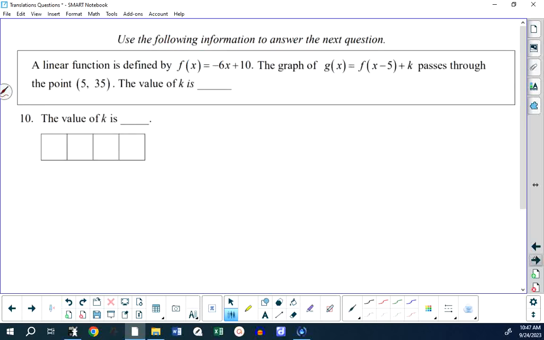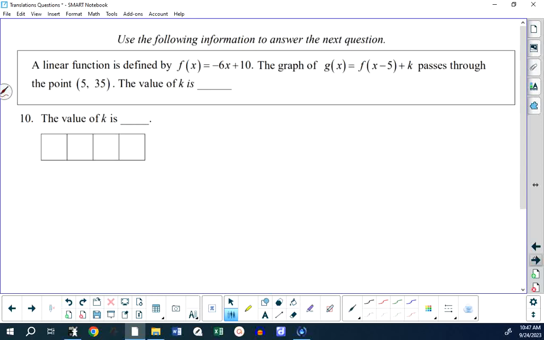Finally, number 10. Now, strangely enough, number 9 was a quadratic function that underwent translations, and it was easier to just reason out what the answer would be. Whereas question 10 is simply a linear function. You cannot reason this out. You need to use algebra along with the function notation.